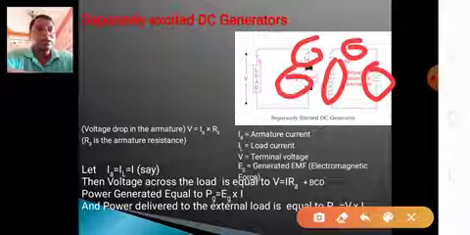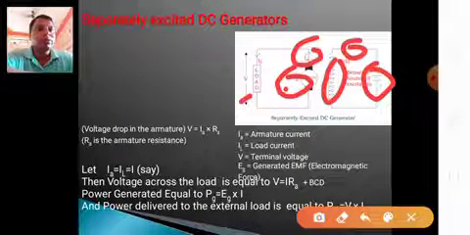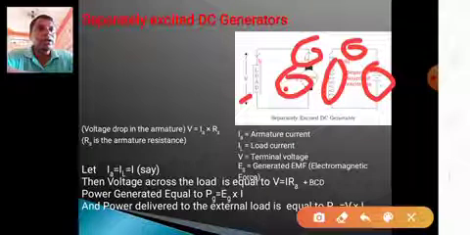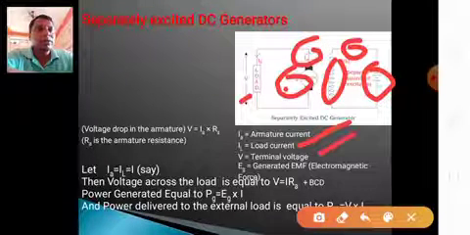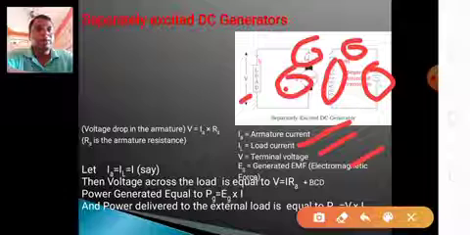The voltage drop in the armature, V equal to I into R. We already know the formula: Va equal to IA into RA, where IA is the armature current and RA is the armature resistance, right? Here IA is the armature current, IL is the load current, V is the terminal voltage, EG is the generated EMF, right?